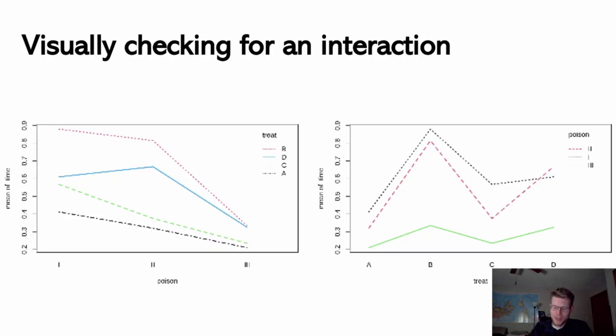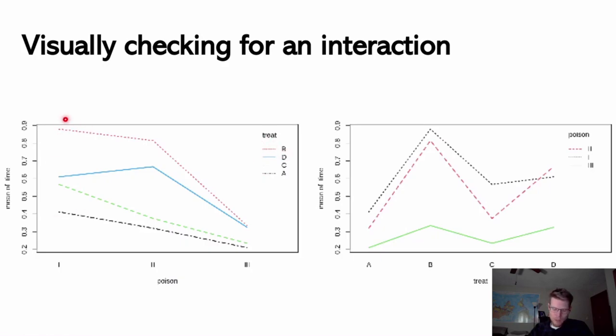So I don't think there's any surprise that we're going to have a little bit of bumpiness going on in some of these. Though I do have to say, these do seem to be moving pretty similarly regardless of which treatment I'm looking at. I see a very similar relationship across poison 1, 2, and 3, where all of them seem to show poison 3 is producing the lowest survival times regardless of the treatment.